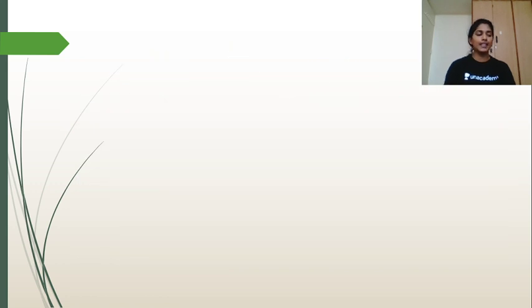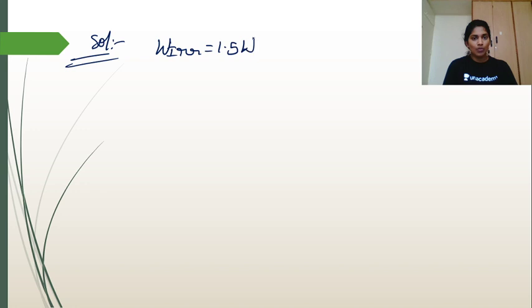Let us put in the data that they have given. Initially, work irreversible is equal to 1.5 times work reversible, right? And this is an adiabatic process.